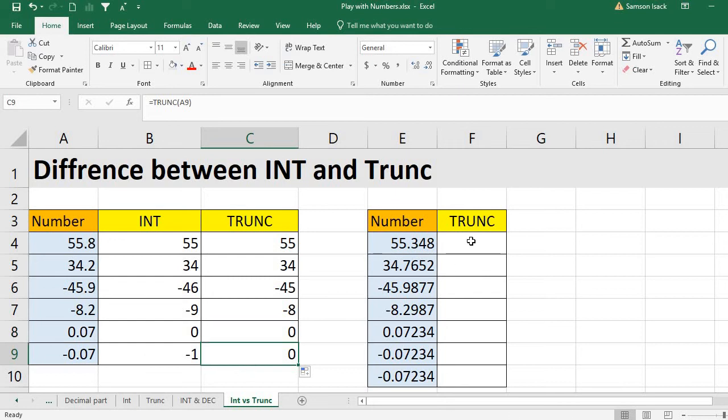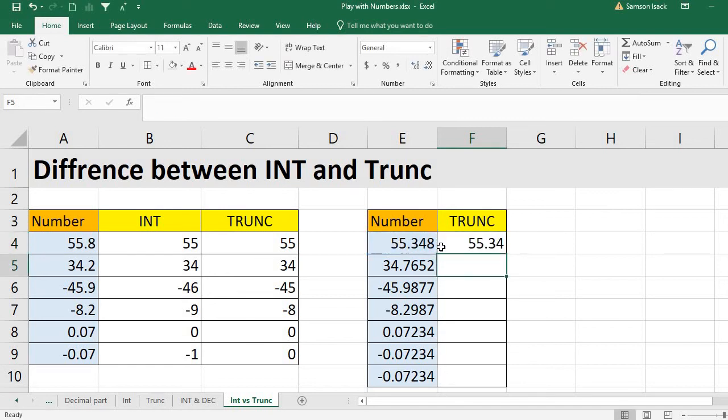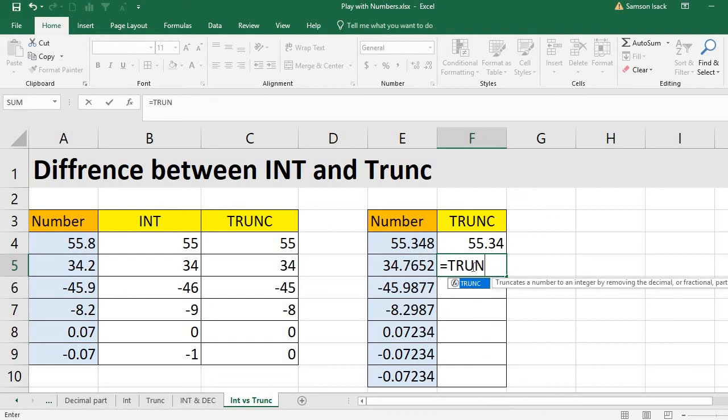Also TRUNC can work on a part of the decimal. I can keep just 2 digits, so 55.34. I just TRUNC, I want to keep only one decimal digit, comma 1.